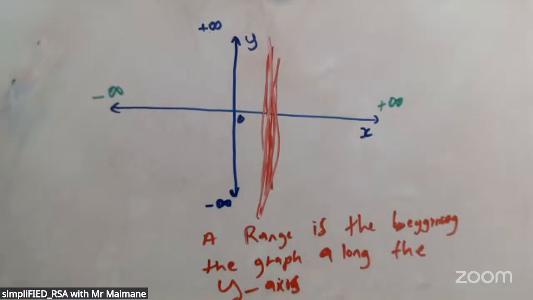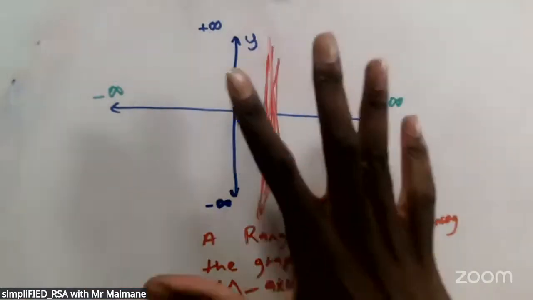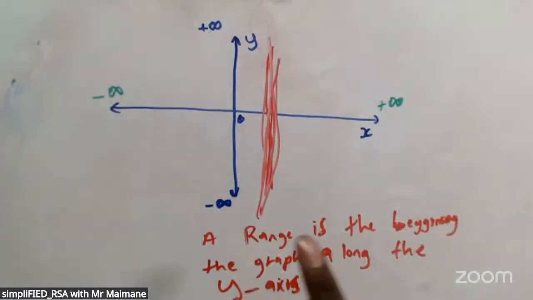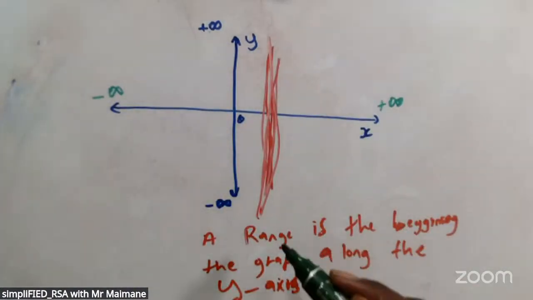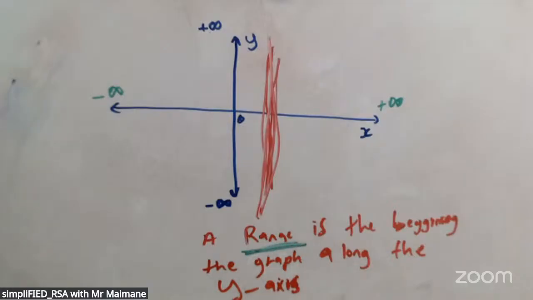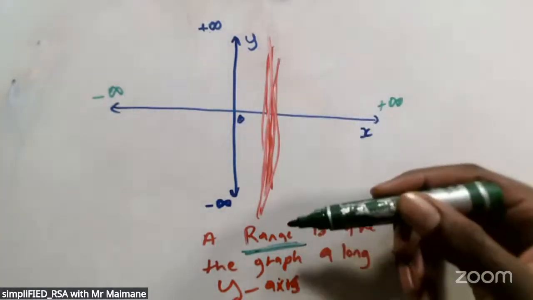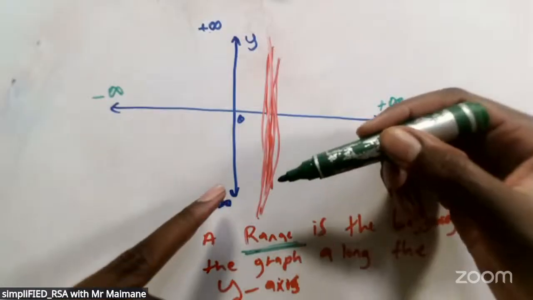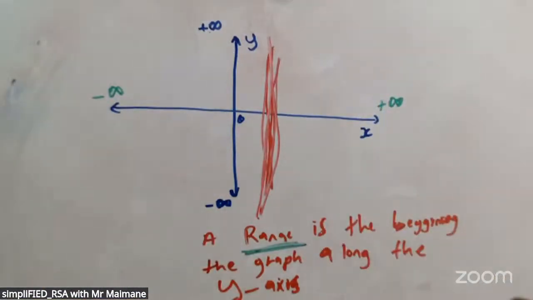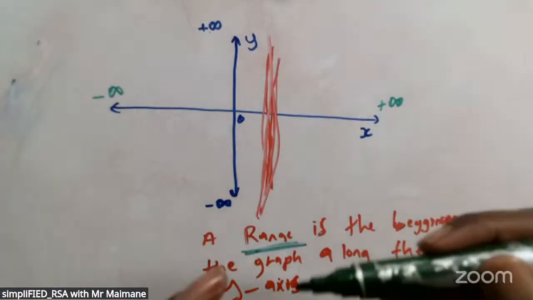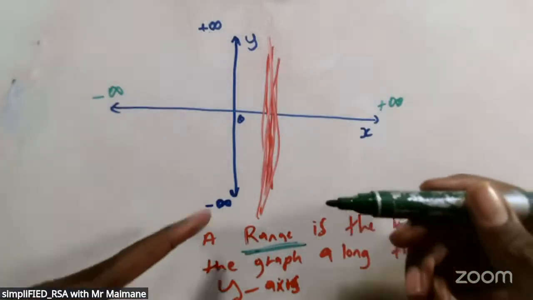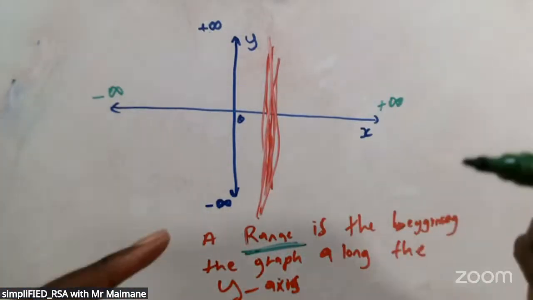Never mind what you see, whatever diagram, whatever graph you may have, if they say to you, determine the range, you focus on the y-axis. You want to know, from the y-axis, where does this graph start and where does it end along the y-axis? Where does it start? Where does it end?